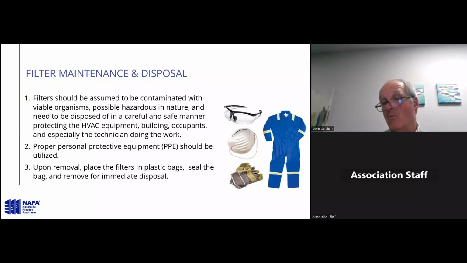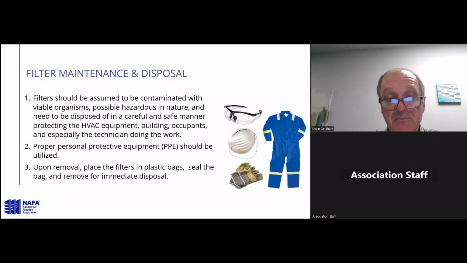In a lot of cases I don't know, but I'm pretty sure if you put a petri dish on a dirty filter, it would grow some ugly looking bugs and what have you. So handling the spent product with care makes all kinds of good sense.